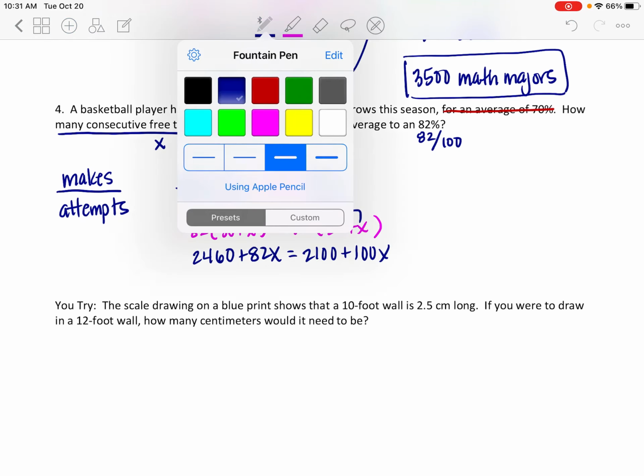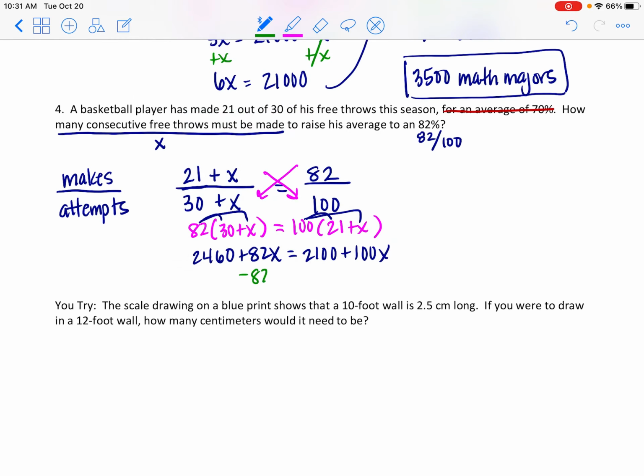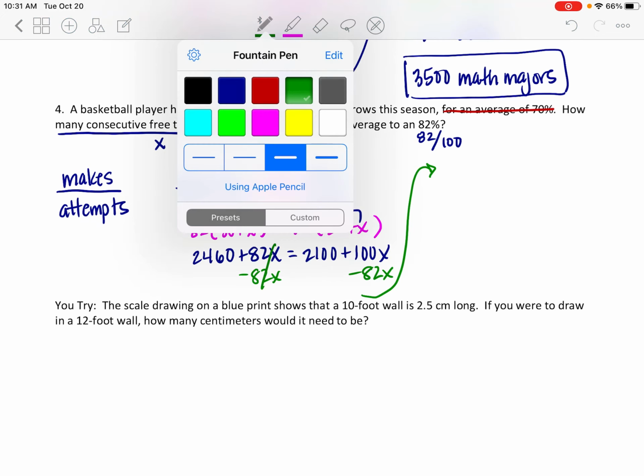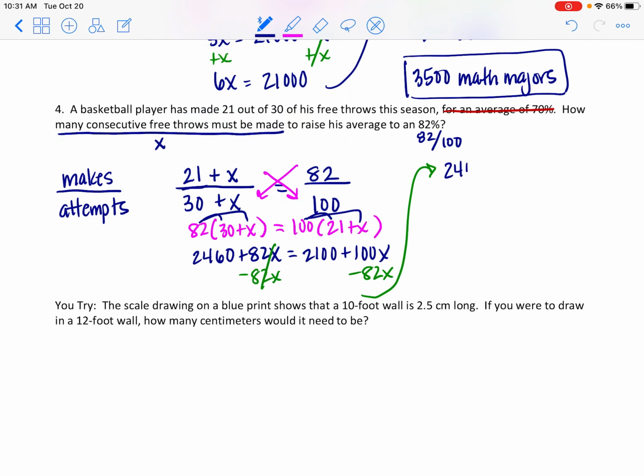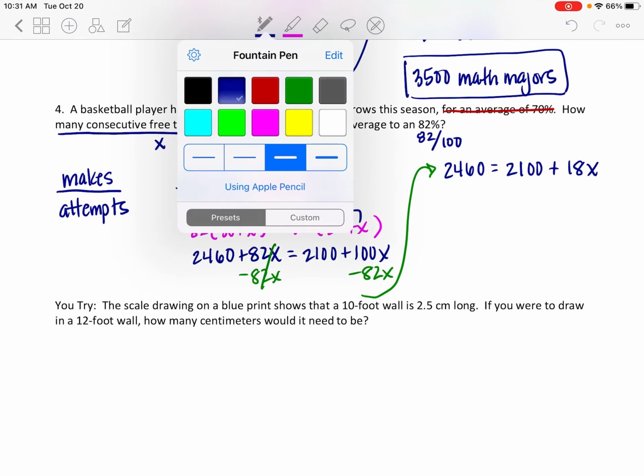And I need to get these x's together. Let me subtract these 82 over. So now we're going to say, let's see, 2,460 left equal to 2,100, and 100 minus 82 is going to leave me 18 x's.